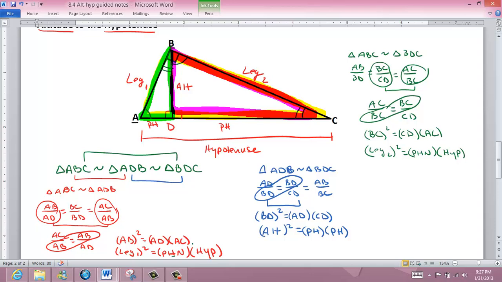And in the green information, we see that leg 2, or segment BC, acts as a geometric mean between the piece of the hypotenuse nearby, which is DC, and the entire hypotenuse. Now again, all of these will always happen if you have a right triangle and you draw an altitude to the hypotenuse.